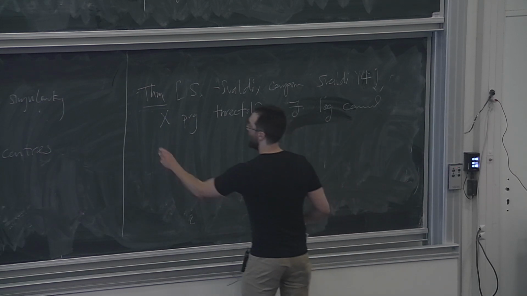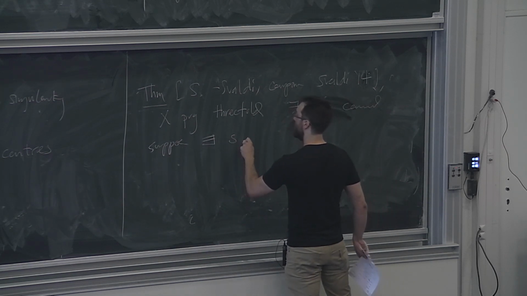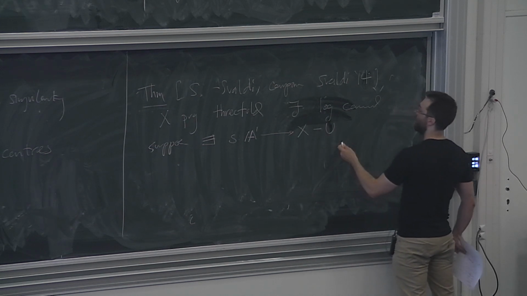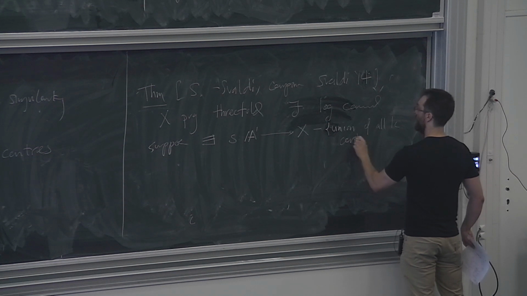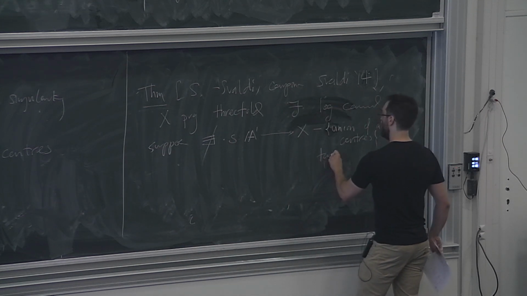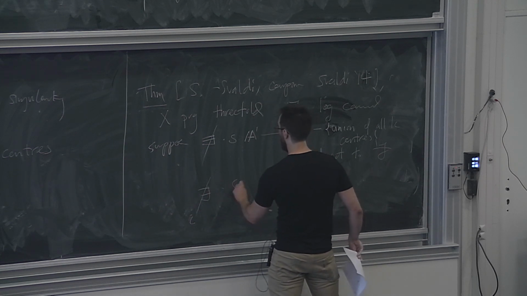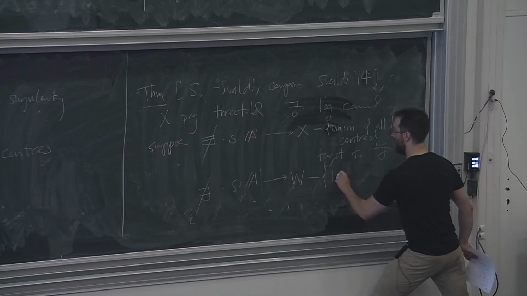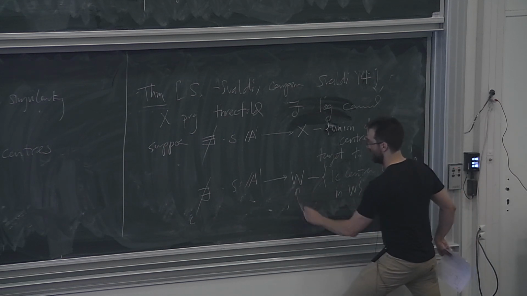And suppose there does not exist an algebraic map S from A1 into X minus the union of all LC centers, tangent to F, and also that there does not exist a map from A1 into W minus the LC centers contained in W, where W itself is an LC center.